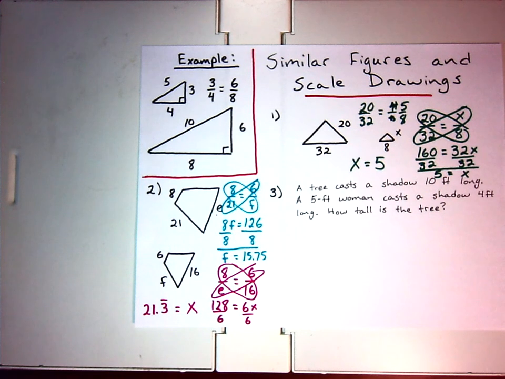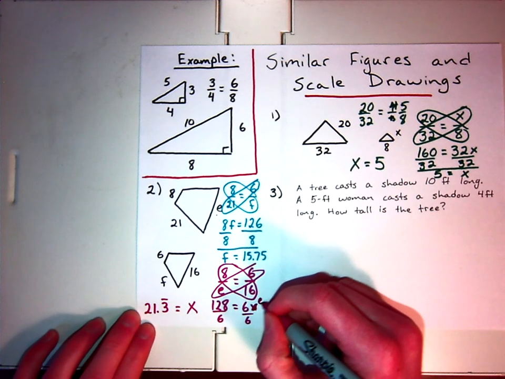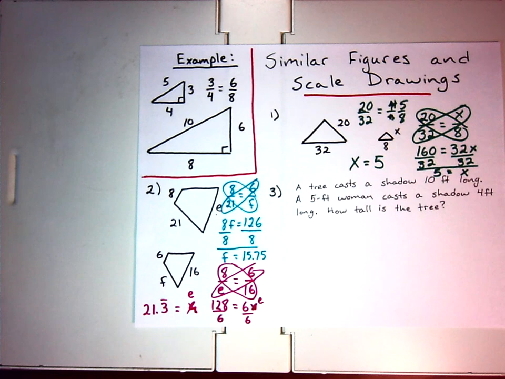So for that one we solved. I miswrote something: this should not be x, this should be e. Don't change your variables like your teacher does, apparently. Bad idea. So e equals 21.3.